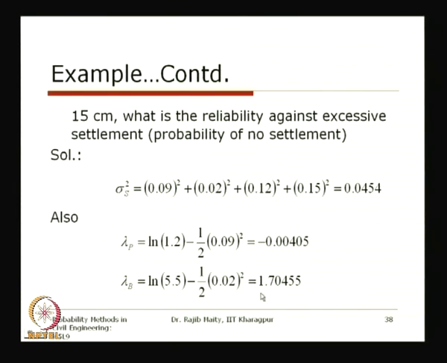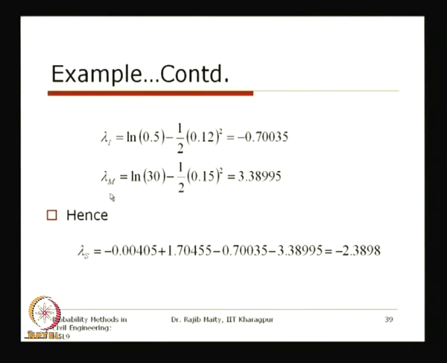Similarly, we get lambda B, lambda I and lambda M, all these parameters, and for the resulting random variable S, it should be the summation of all those lambda parameters. These are the lambda parameters for the individual random variables.